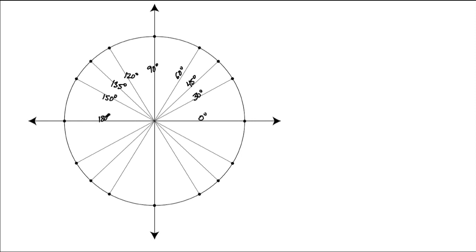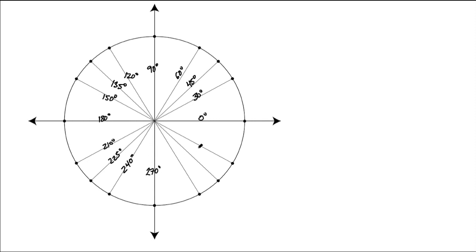Now from 180 degrees, we can again do the same thing, add 30, and we get 210 degrees. And then take 180 plus 45, we get 225 degrees. 180 plus 60 is 240 degrees. And then 180 plus 90 is 270 degrees.